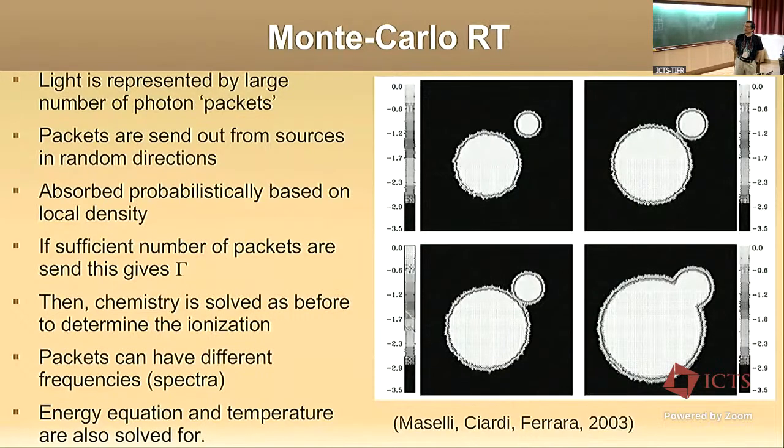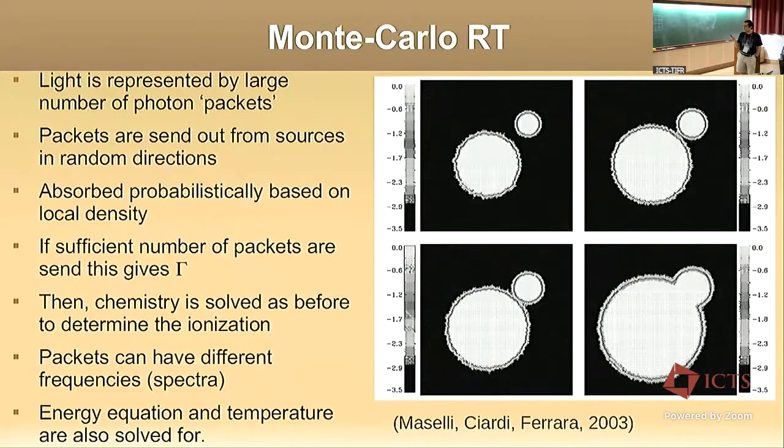Packets could have different frequencies, so you can do different spectra, with high energy photons and low energy photons. Why does this matter? Because the cross-section depends on the energy, if you remember from the previous lecture. High energy photons usually have much lower cross-section, and low energy photons have higher cross-section. So that's important. And you can also solve the energy equation, temperature, and so on.